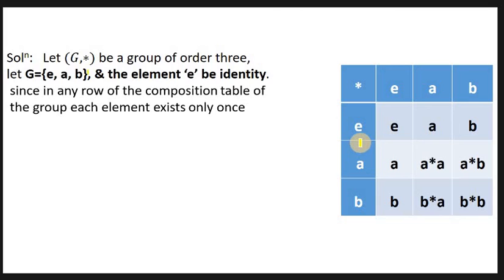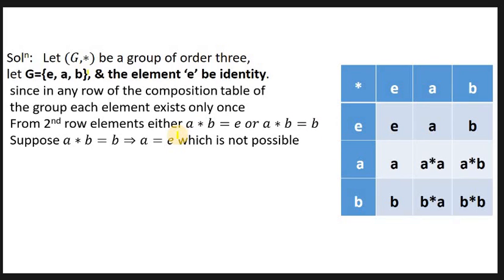So from the second row, either A star B is equal to E, or A star B is equal to B. Two cases will arise from this.